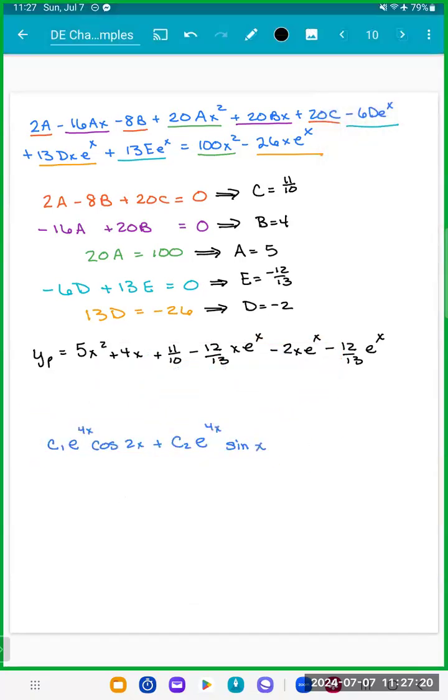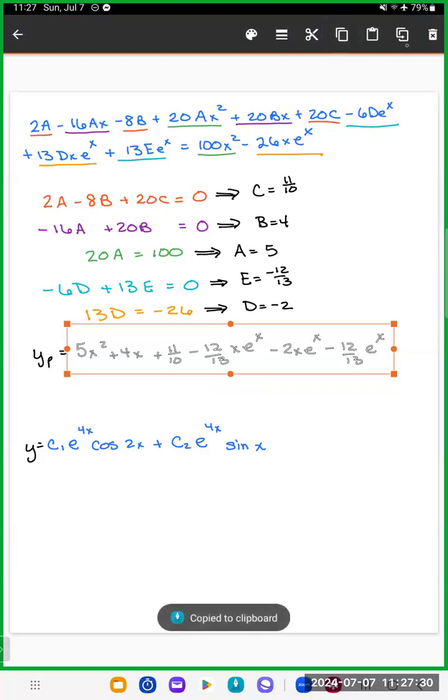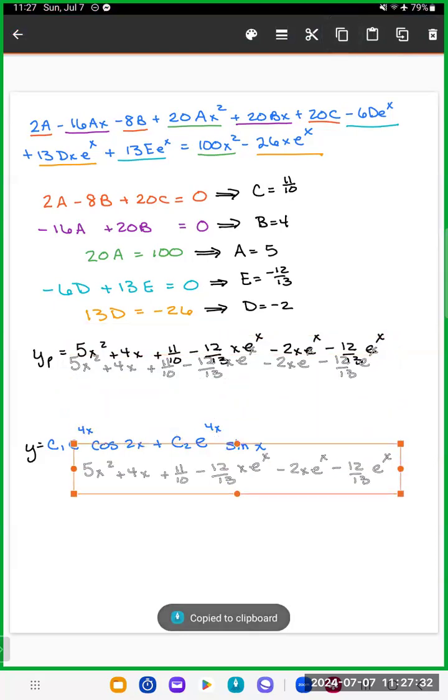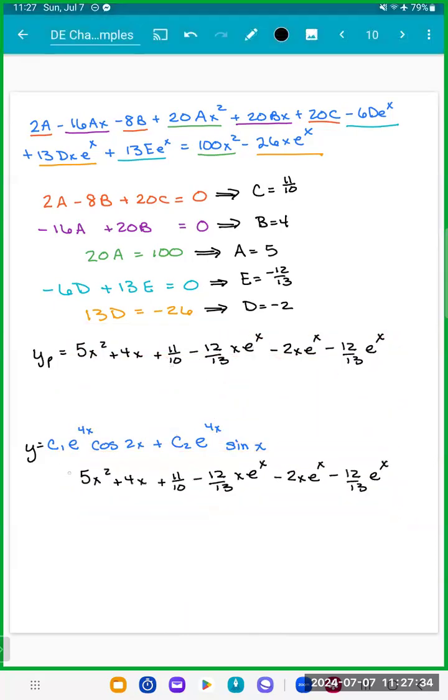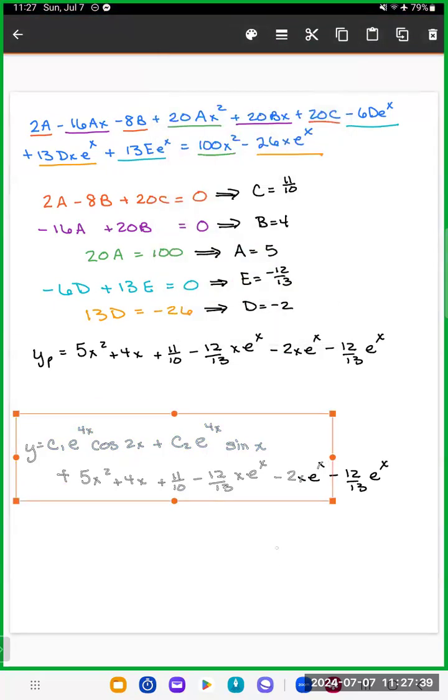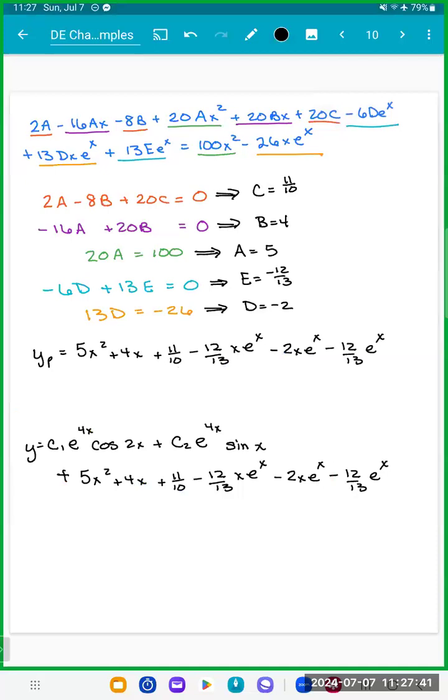Right, so our general solution is our complementary function plus our particular. We'll just put that plus here, and we'll make this also black font.